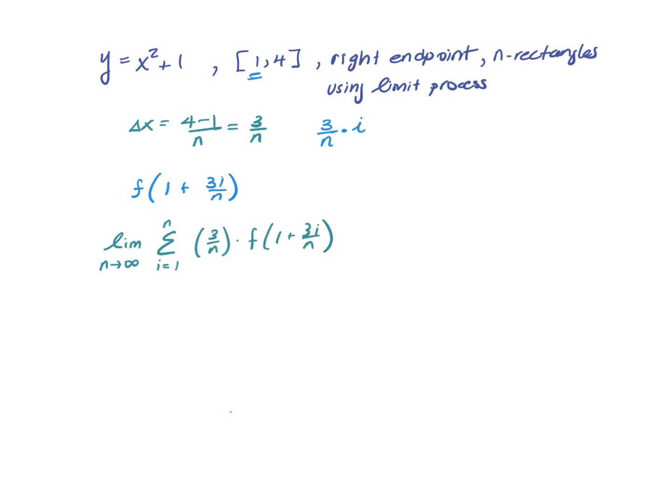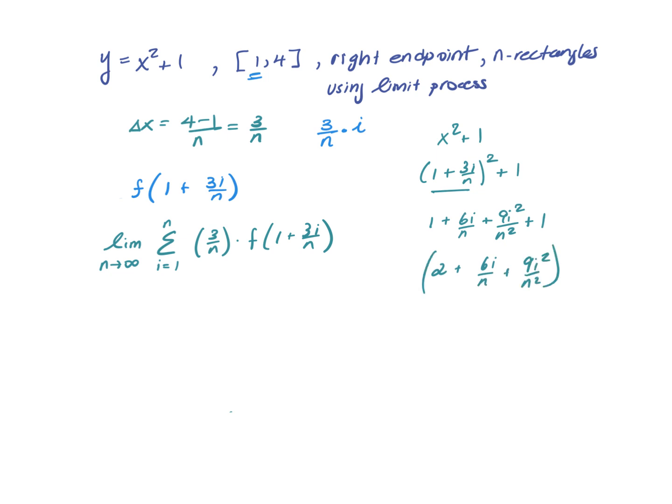So I'm going to do that part off to the side. So remember, my function was x squared plus 1, so I'm doing 1 plus 3I over n squared plus 1. So this becomes 1 plus 6I over n, and then plus 9I squared over n squared, and then plus 1. So we get 2 plus 6I over n plus 9I squared over n squared.